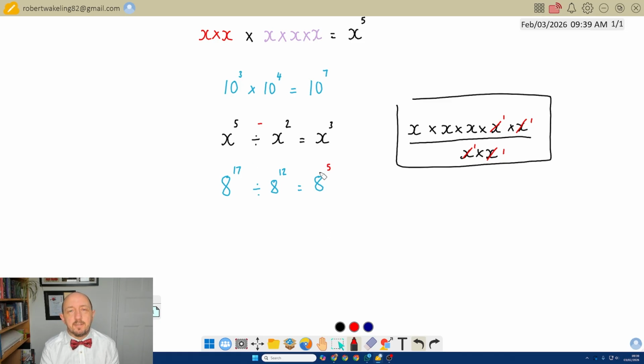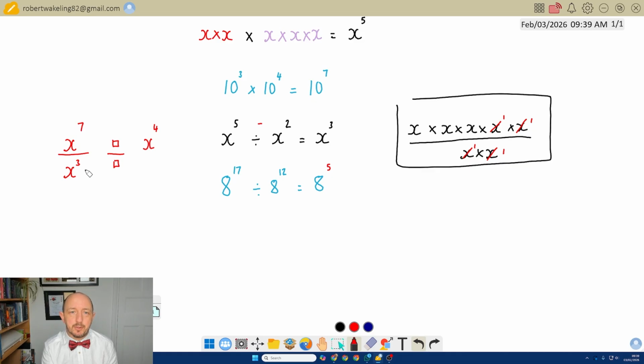And the division can sometimes look like this: x to the power of 7 over x cubed. When students see it in that kind of fraction way, they don't necessarily apply this division rule. This line here kind of looks like a divide, like there's something on the top and something on the bottom. So in this case, we would do x to the power of 4, because we can just subtract the powers.